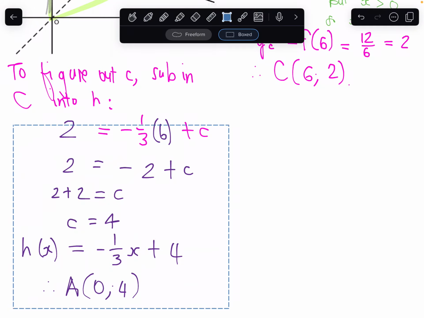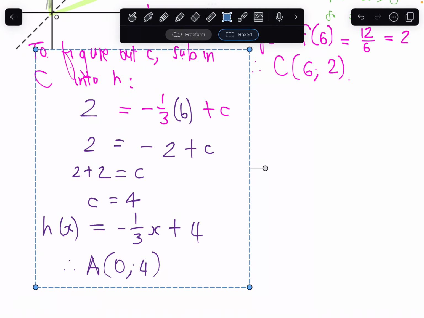Okay, let me shrink that also real quick.